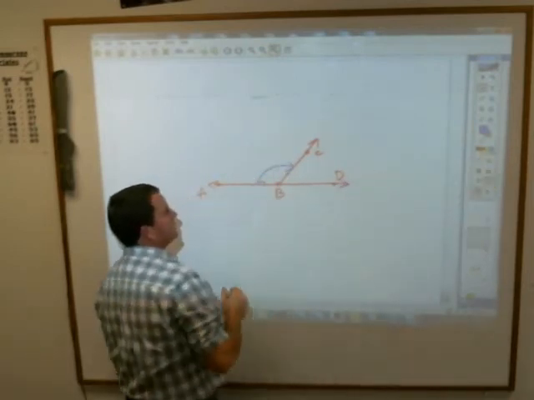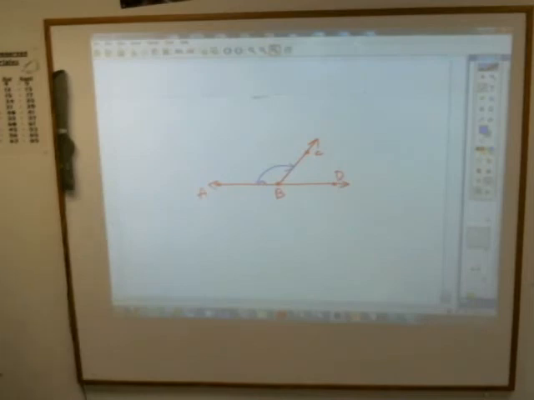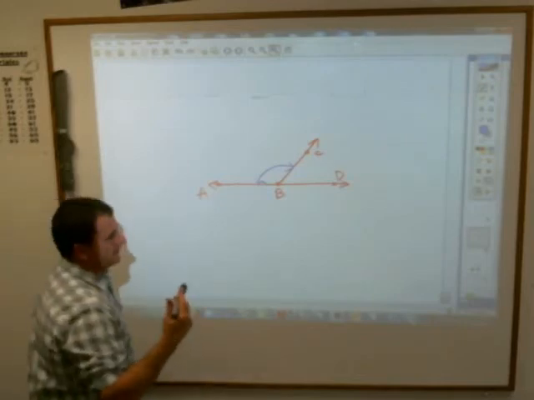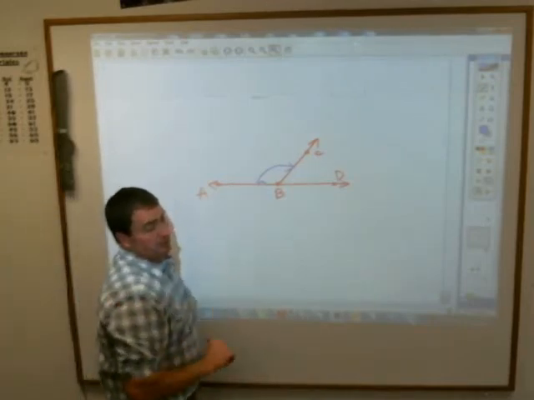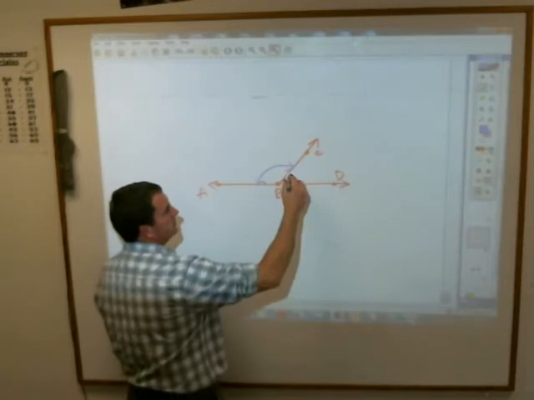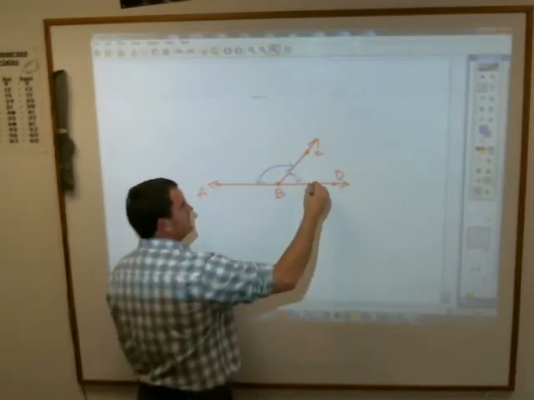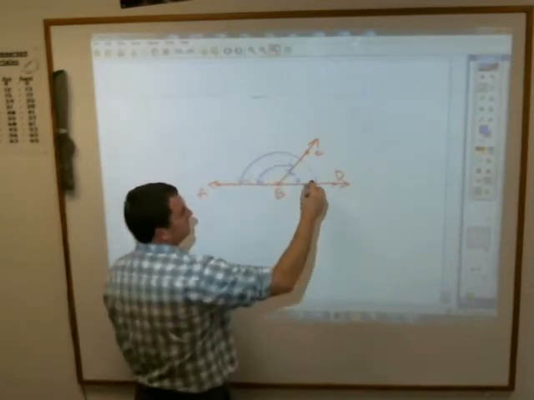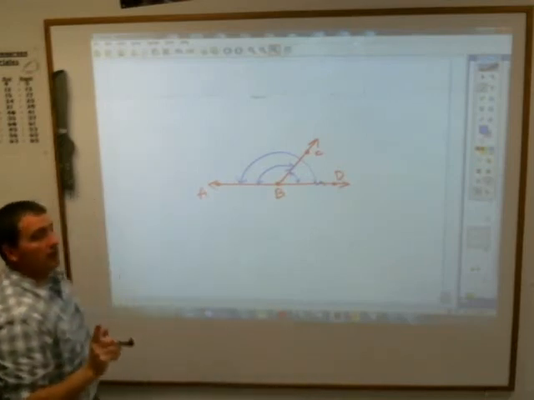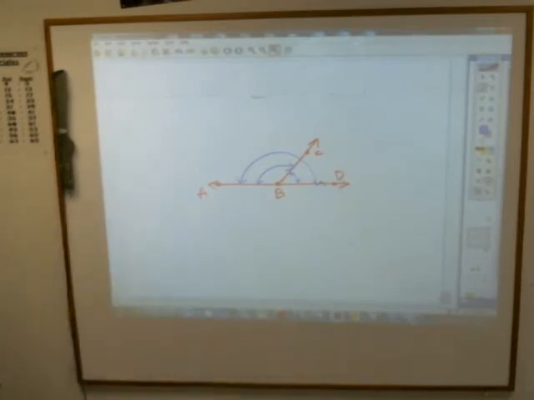Why can't I just call that angle B? Why is angle B not going to work for that line there? Ava? Because it could also be the other way. Yeah, technically it could be three angles. It could be this angle, it could be this angle, and realistically it could be this angle here.